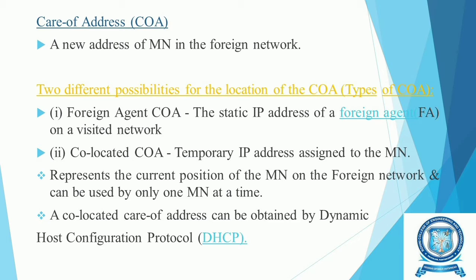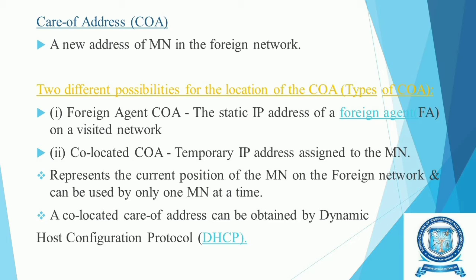A new address of the mobile node in the foreign agent is the care of address. There are two different possibilities for the location of the care of address, that is, two types of COA: the foreign agent COA and the co-located COA. The foreign agent COA is the static IP address of the foreign agent on the visited network. The co-located COA is a temporary IP address assigned to the mobile node.